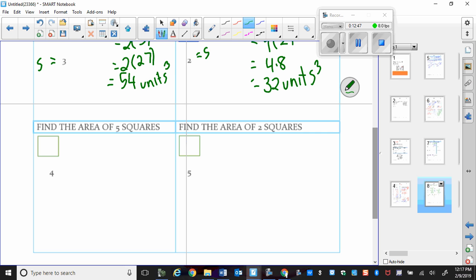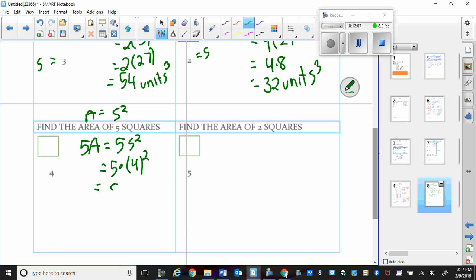Next, the area of squares. So 5 squares, area equals S squared. So five areas would be 5S squared, or 5 times 4 squared.